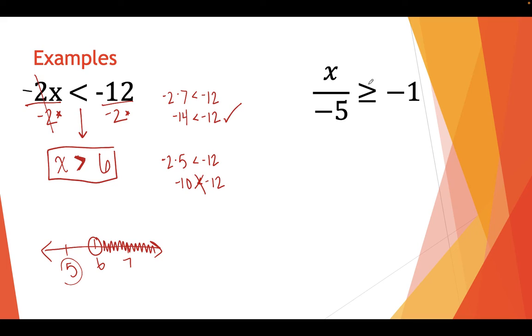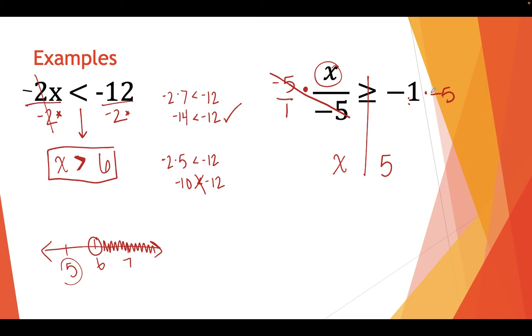Let's take a look at this next example. x divided by negative 5 is greater than or equal to negative 1. In order to get x by itself, we need to multiply both sides by negative 5. This allows the 5's to cancel as well as the negatives, leaving a positive x. And a negative 1 times a negative 5 equals a positive 5.